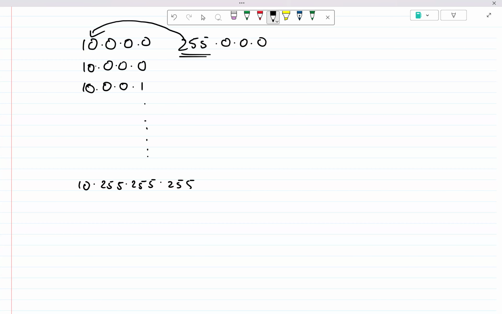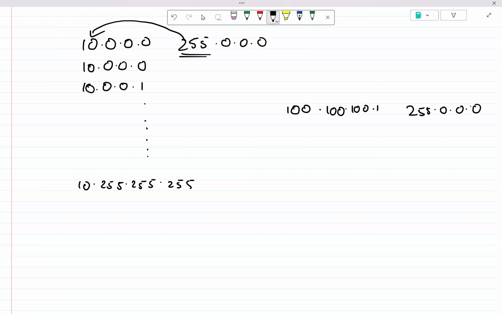So usually in an interview question, they do not ask you questions like this. They may ask you, let's say, 100.100.100.1, okay, and the address mask is 255.0.0.0.